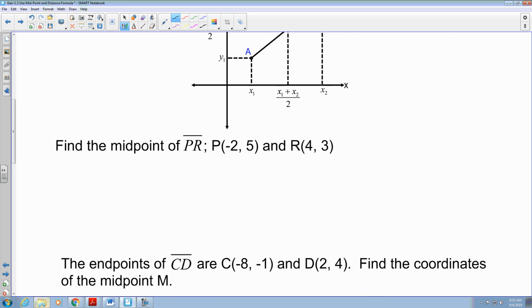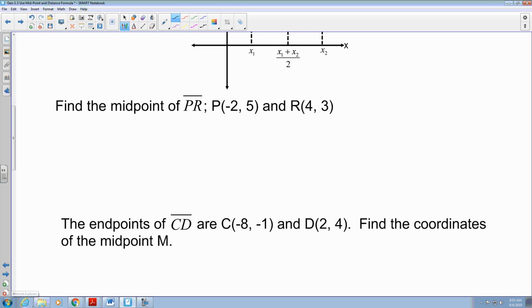All right, so from here, they want us to find the midpoint of line segment PR. So in order to find that, again, it's a coordinate. First off, you're going to find the x coordinate of your midpoint. You're simply going to take the two x values, add them together, -2 plus 4, and then divide it by 2, comma.